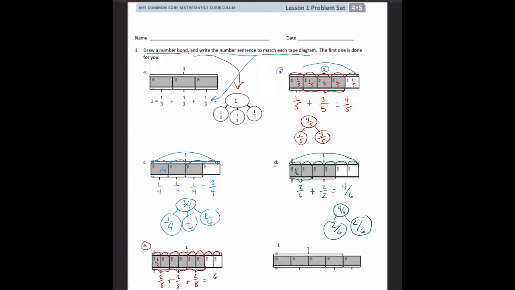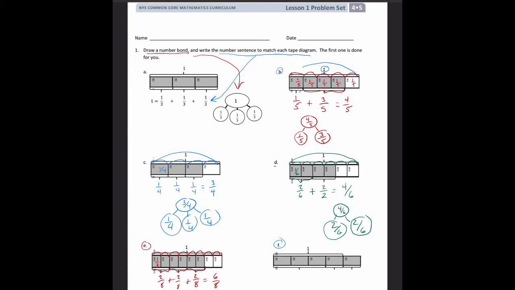Altogether, that seems to be 6/8. One more number bond. Where am I going to fit that in? I guess right here. 6/8. 2/8. 2/8 and 2/8. All right.